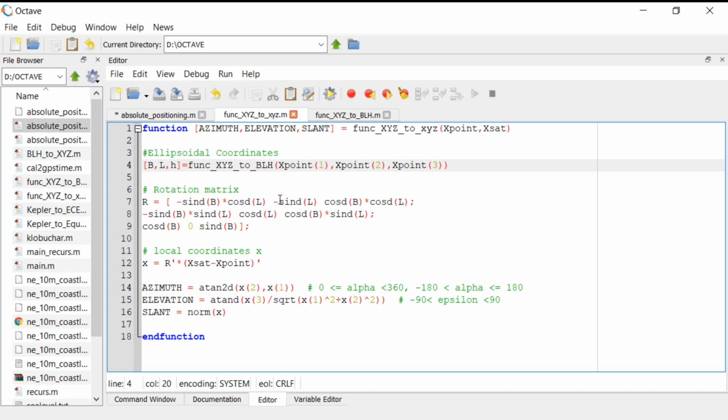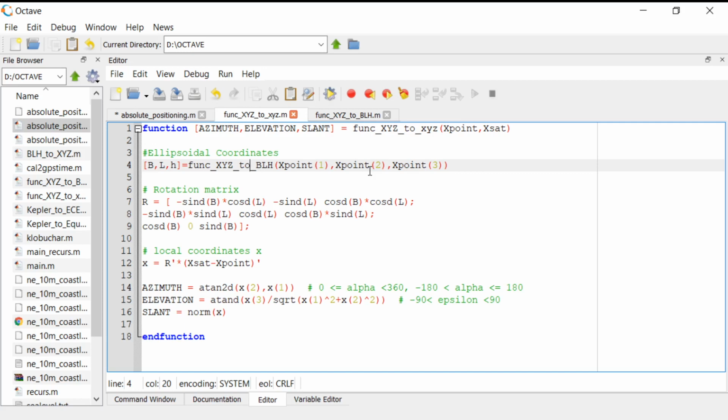This is the same as what we applied previously. You see again a function is available because for the computation of the azimuth, elevation and slant values, I also need my standing point's coordinates in Earth-centered, Earth-fixed coordinates, the Cartesian coordinates.